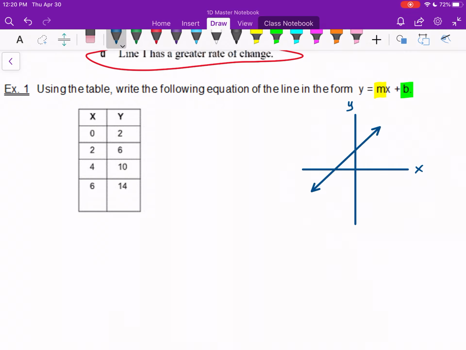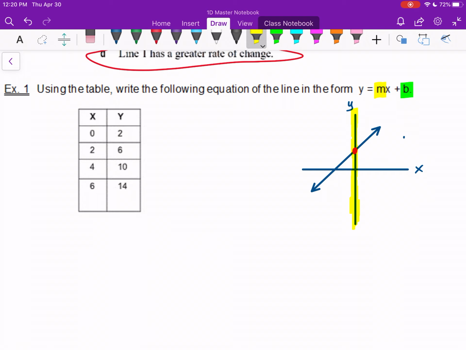Let's say the line looks like that. It doesn't matter what the line is. The y-intercept is definitely this point here, wherever the line crosses the y-axis. What do we know for sure? We know the x value is going to be 0.